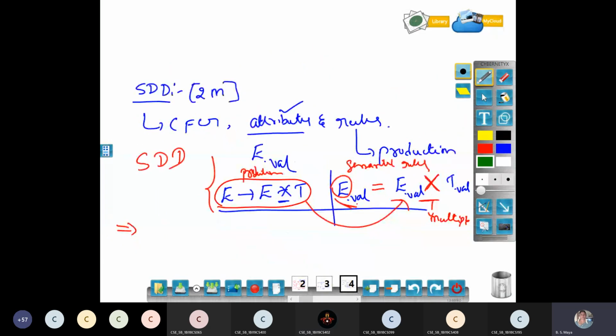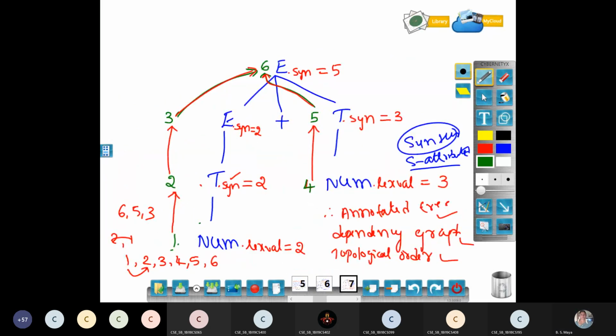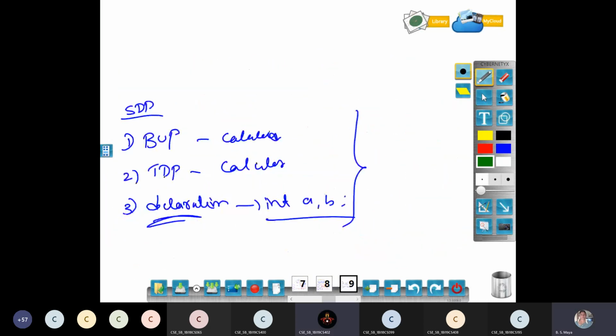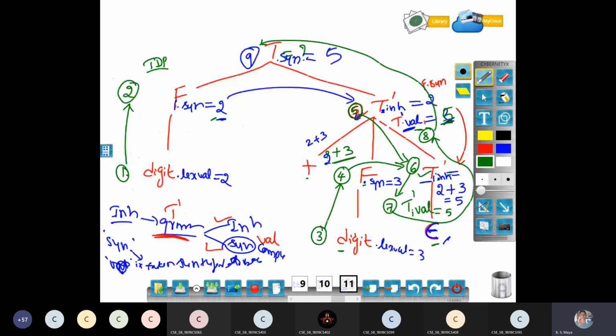See, you have to fill this table. Is it right? Yes, ma'am. SDD is not over, right? I want to write the SDD for this according to this grammar.